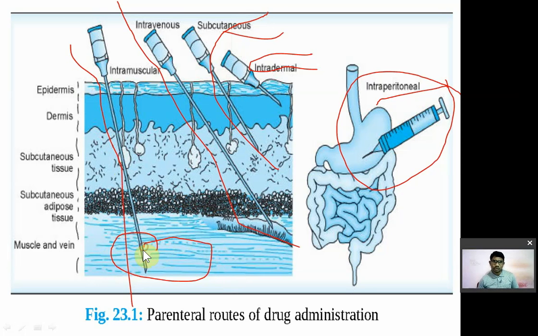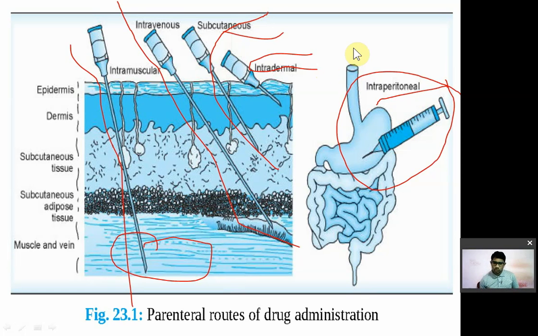Now each and every kind of injection will differ somewhat in the formulation aspect, ठीक है, कि हर एक इंट्राडर्मल इंजेक्शन के लिए ये चल सकता है, ये नहीं चल सकता है. सबक्यूटेनियस इंजेक्शन के लिए ये पैरामीटर चल सकते हैं, ये नहीं चल सकते. इंट्रावेनस इंजेक्शन के लिए यही पैरामीटर चाहिए, इंट्रामस्कुलर इंजेक्शन के लिए थोड़ा बहुत प्लस माइनस चलेगा. These are all points of discussion, and we are going to see those points of discussion.